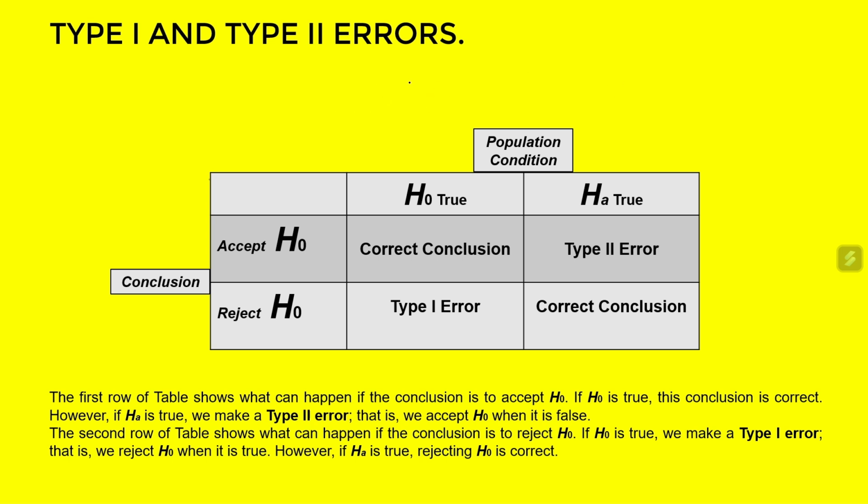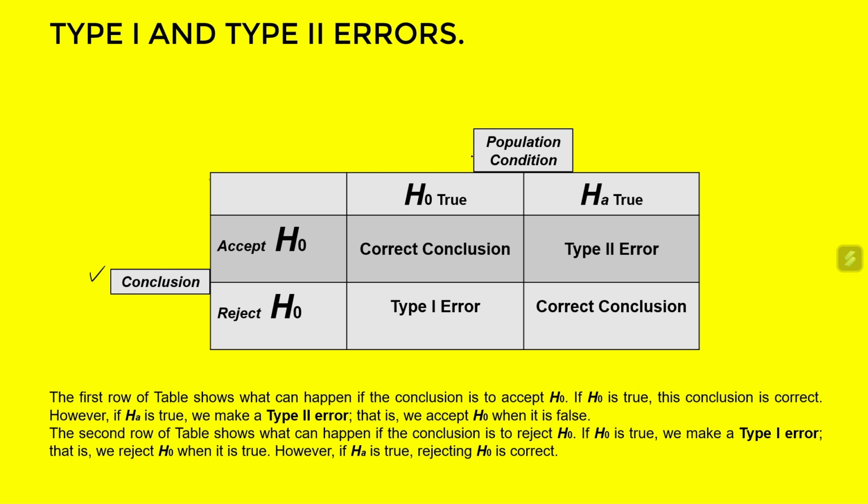So basically we have what are called type 1 and type 2 errors. We have a matrix wherein the top row says population condition and the column says conclusion. We have two population conditions, H0 and HA, the null hypothesis and the alternative hypothesis, and in each case the true condition is written.